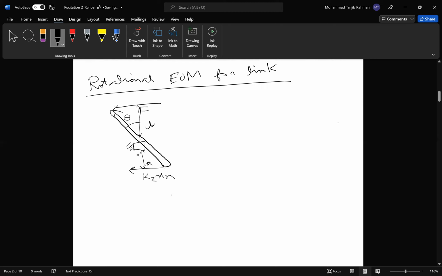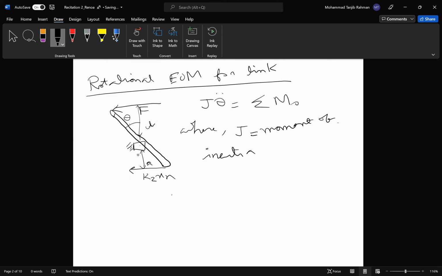Now, we know that the rotational equation of motion is J theta double dot equals summation of M. For this case, I'm going to take the moments about this pivot point, I'm just calling it O, where J is the moment of inertia of the linkage.